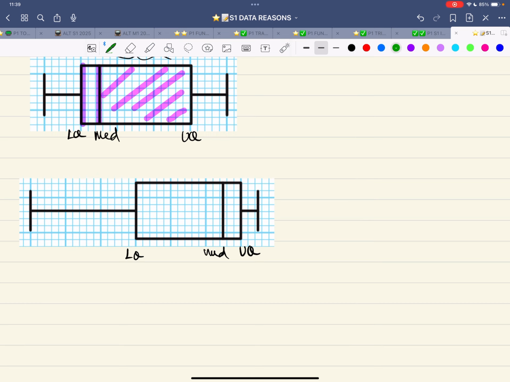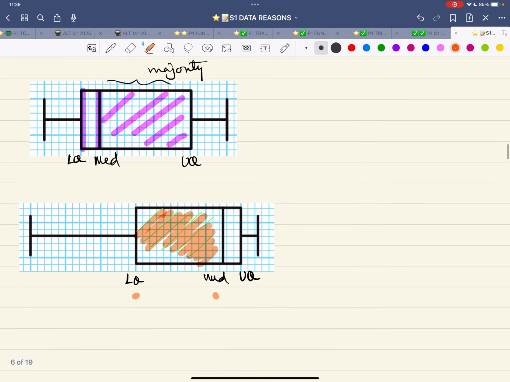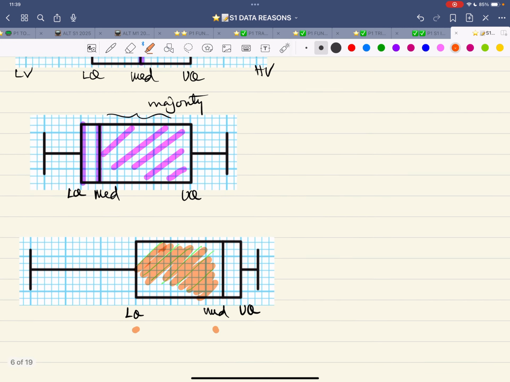This time, this region is too high. This is a very, very big region. Let me choose an orange marker over here. This is very much between lower quartile and median. Over here, the region was very much occupancy between median and upper quartile.